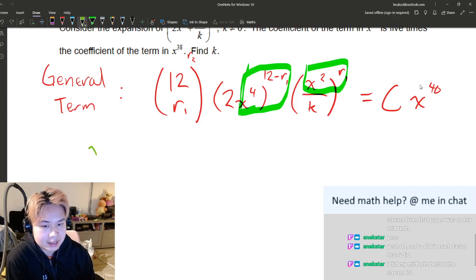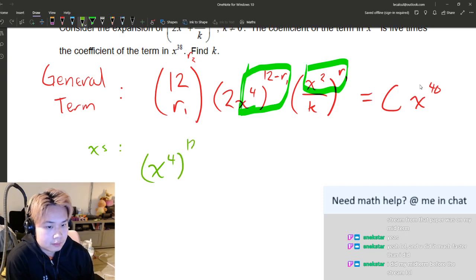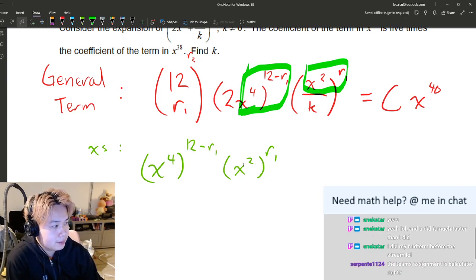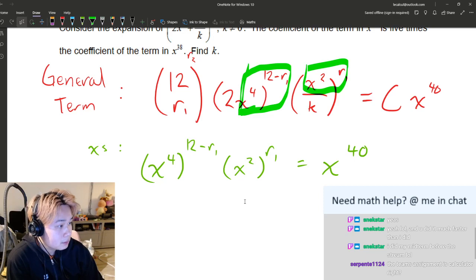So looking at my x's, I have x to the power 4 to the power 12 minus r1, x to the power of 2 to the power of r1, and then all of this should be x to the power 40.